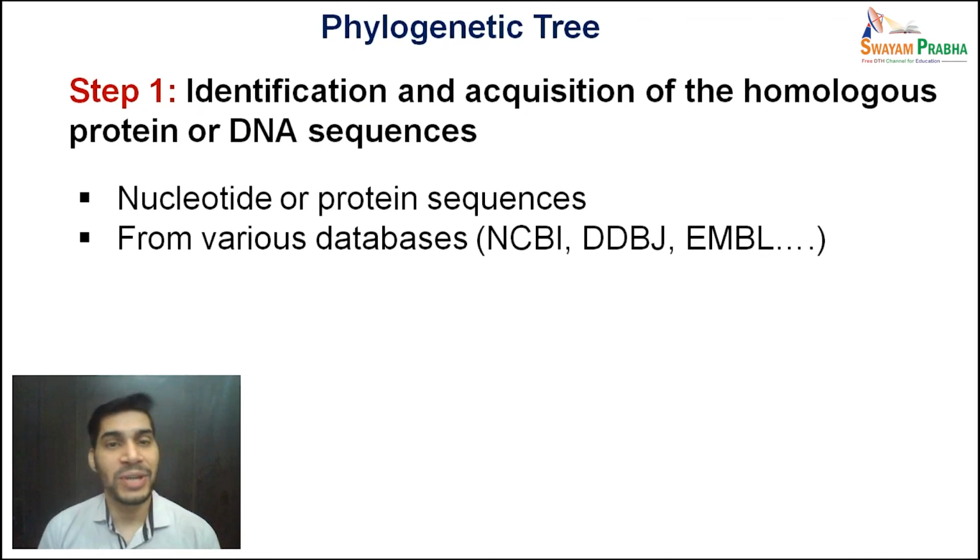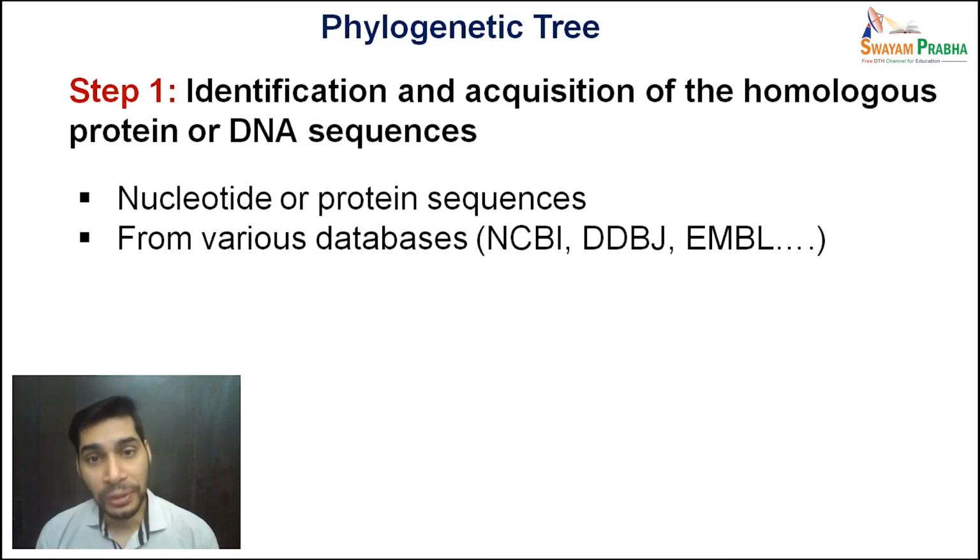So starting with the first step, which is the identification and acquisition of the homologous proteins or DNA sequence. We need to select a protein or gene or DNA sequence which is homologous. You must be aware of the homologous sequences which we have discussed in the previous lectures.